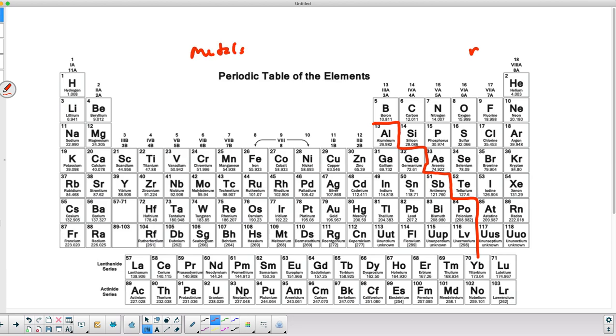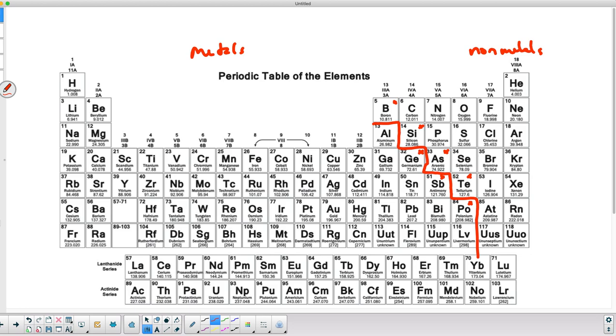To the right are the non-metals. And those that are boron, silicon, germanium, arsenic, antimony, tellurium, and polonium, and not astatine, those are the metalloids. Okay, so there we have the list of metals, non-metals, and the metalloids.